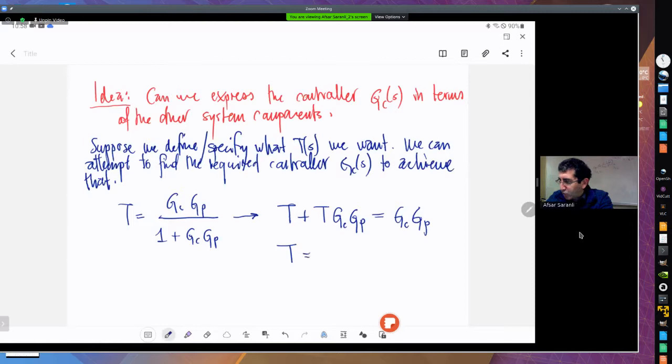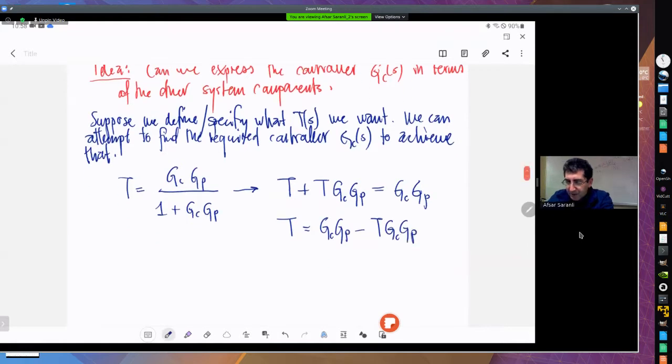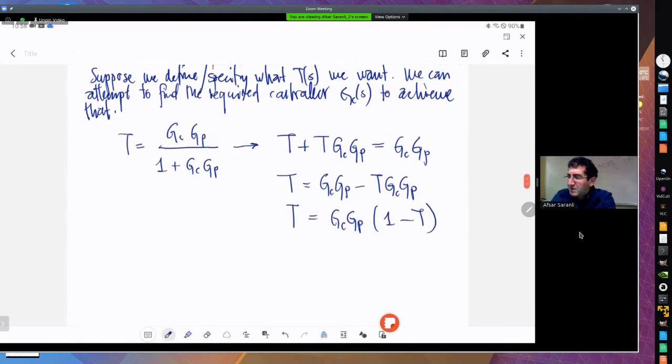is being equal to, right? We have GCGP minus TGCGP. Let me take this into GP parentheses. So T is equal to GCGP times 1 minus T, all of them functions of S, right?